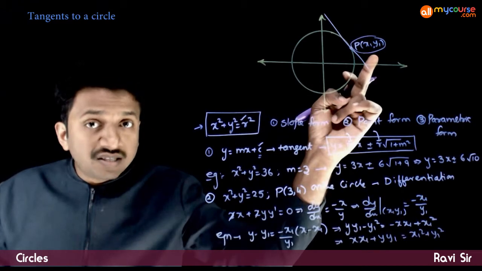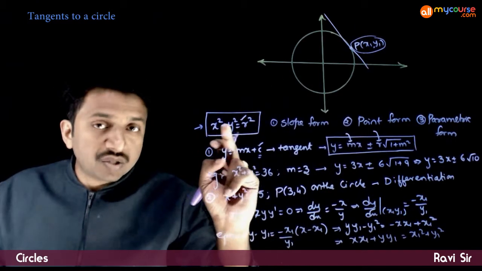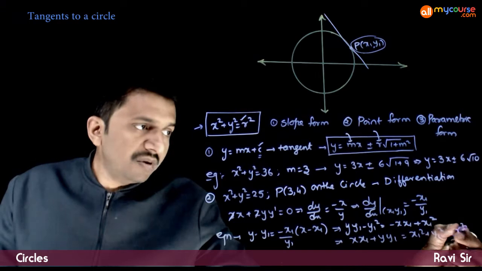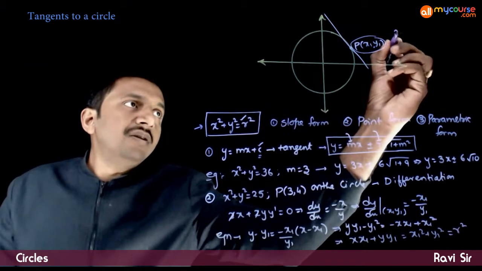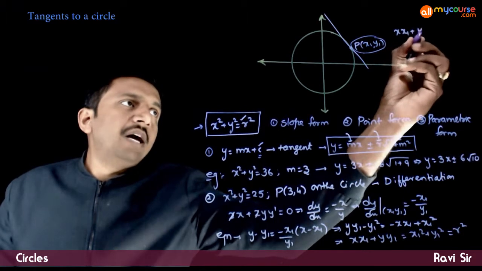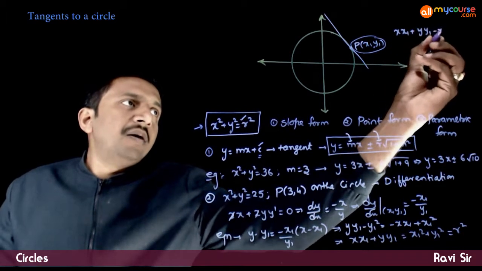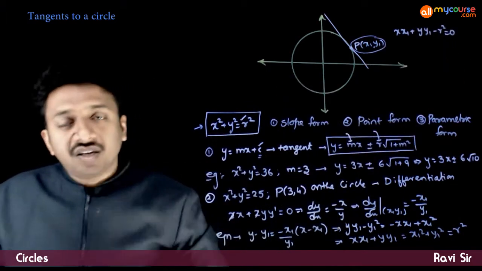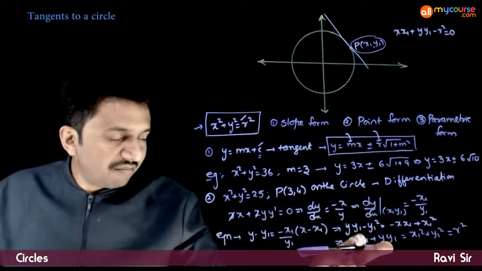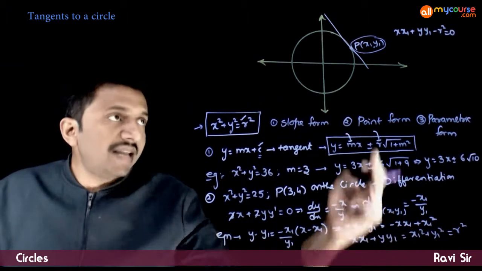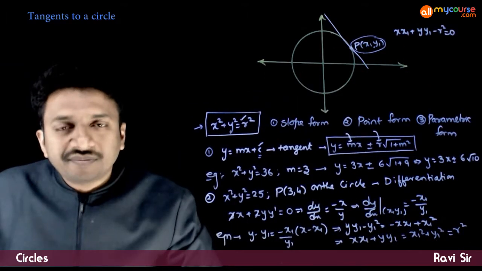Because (x1, y1) is a point on the circle, x1 square plus y1 square is equal to r square. So what is the effective equation? x x1 plus y y1 minus r square is equal to 0.